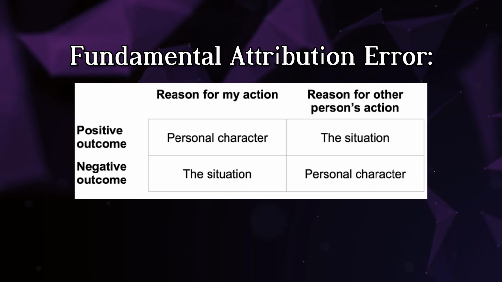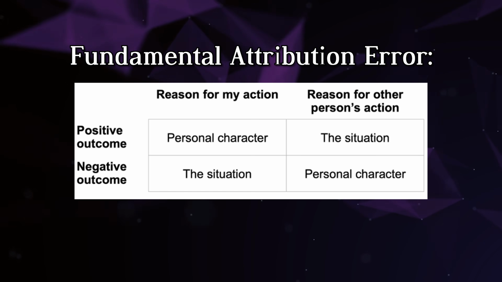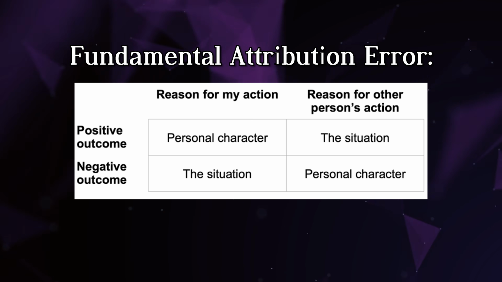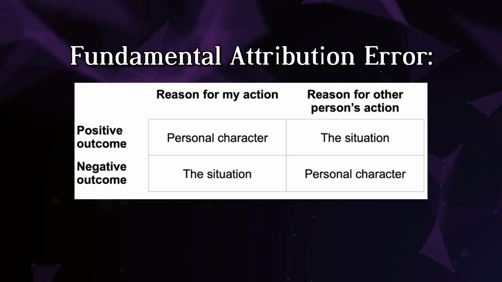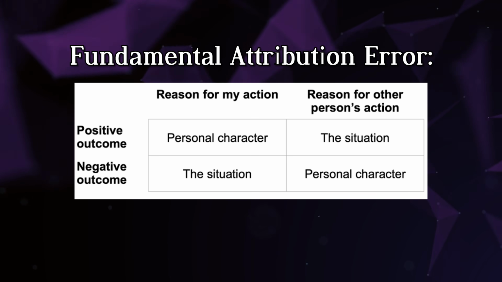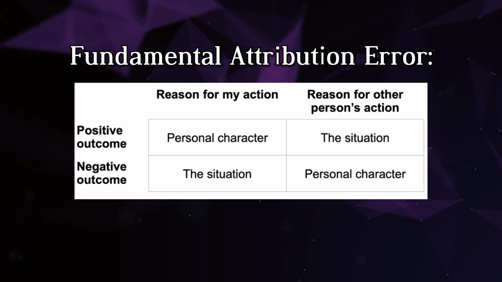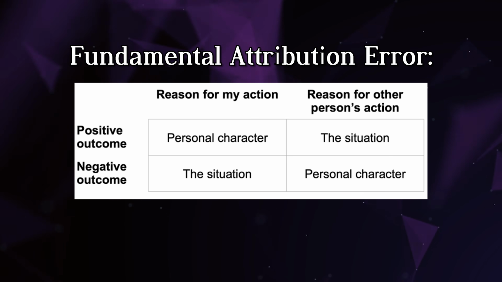When something negative happens to us, we tend to assume it's because of situational factors like, oh yeah, I was late for work, but that's only because I was stuck behind the garbage truck. But when something negative happens for other people, we tend to assume it's because of, again, personal character. That person is late because they're always late to work. They're not hardworking. You see, we have double standards for ourselves versus other people.